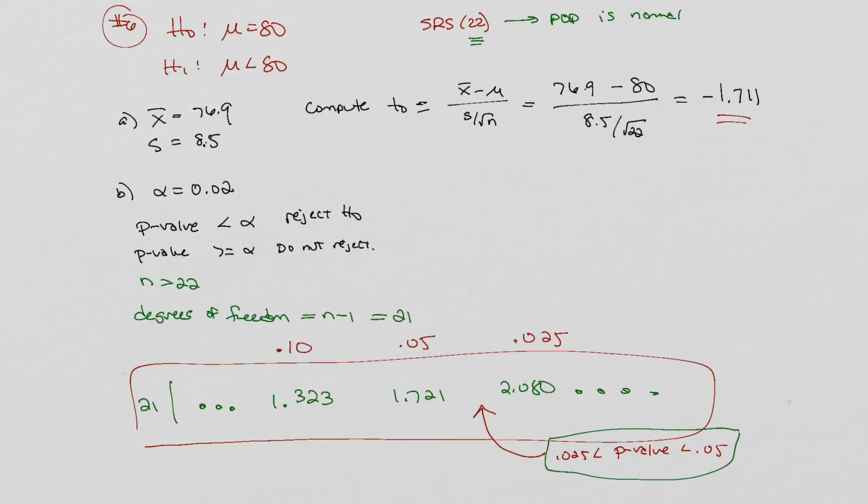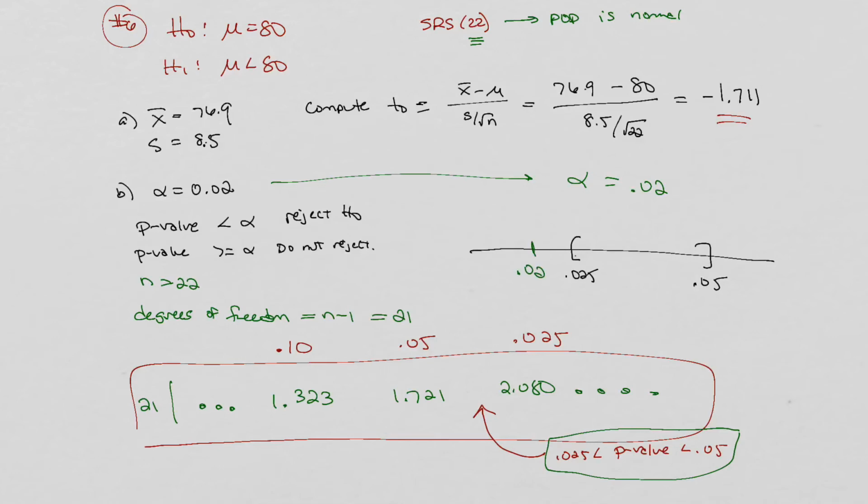Now, do we reject or do we accept? Go back over here. We know alpha is 0.02, and the p-value is between 0.025 and 0.05. If you think about a number line, the lower bound for the p-value is 0.025, the upper bound is 0.05, and alpha is 0.02, which is right here.